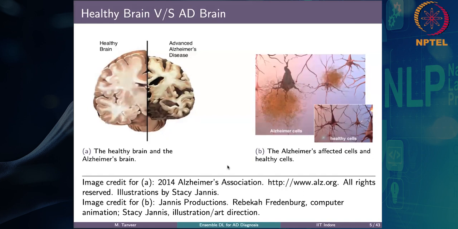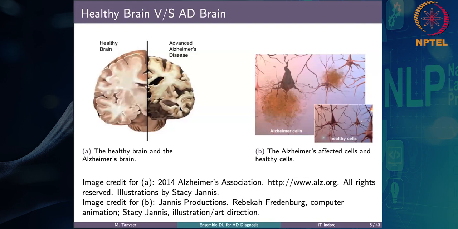The atrophy seen in the Alzheimer affected brain underscores the structural changes associated with the disease, and it emphasizes the importance of early detection and intervention in preserving cognitive health. If I look at the right-hand side figure, we have the Alzheimer cells and healthy cells.